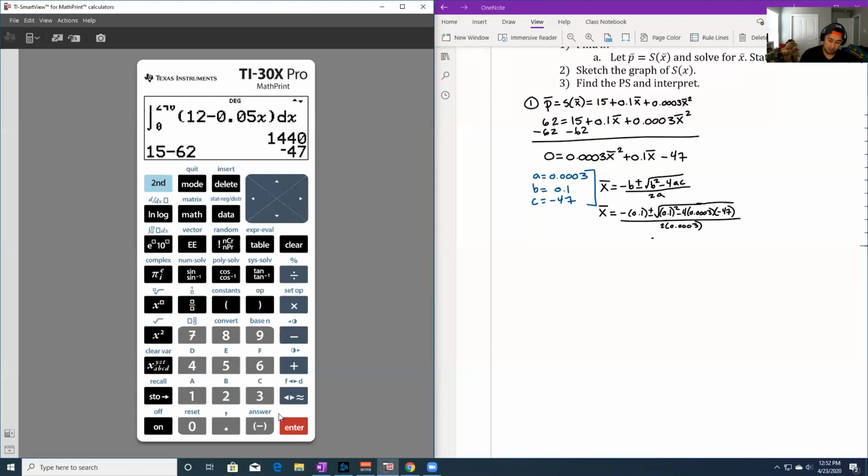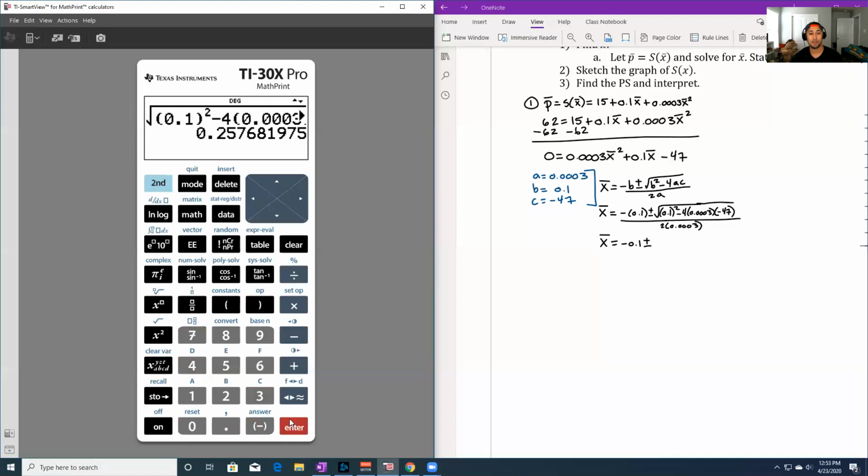Okay, let's calculate. So first we write this as x bar equals negative 0.1 plus or minus. And now I'm going to type this whole square root in. Watch this. Square root 0.1 squared minus 4 times 0.0003 times negative 47.